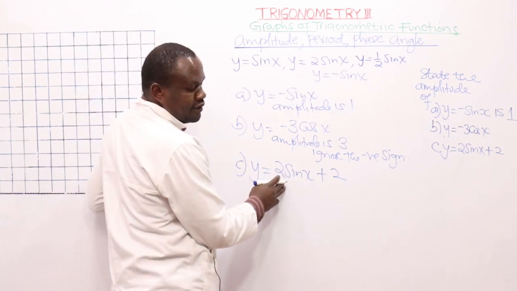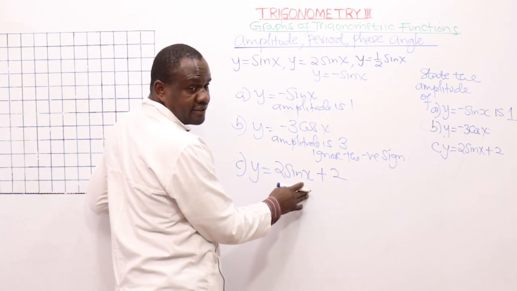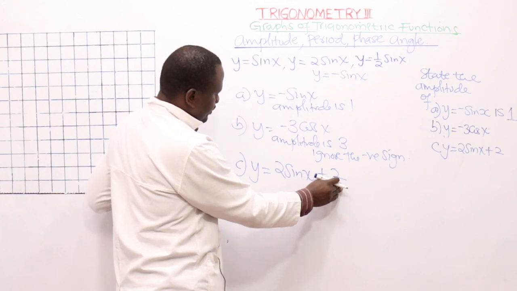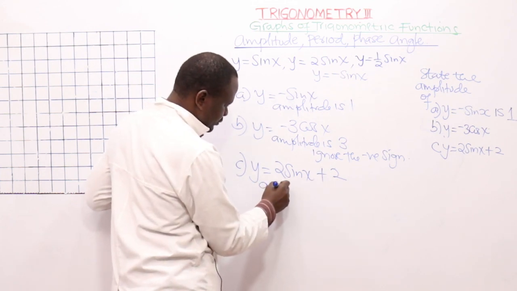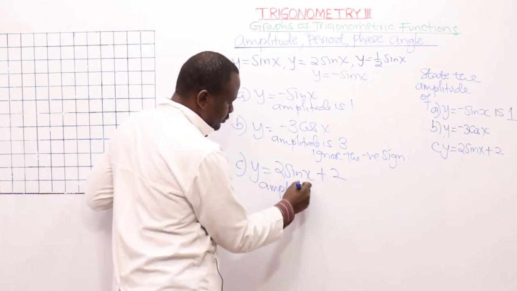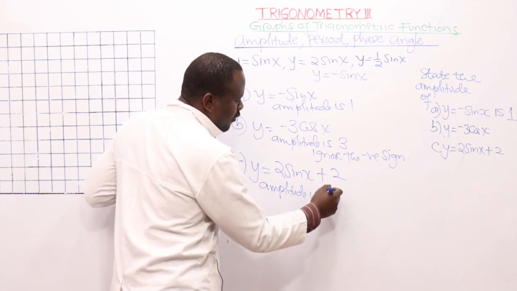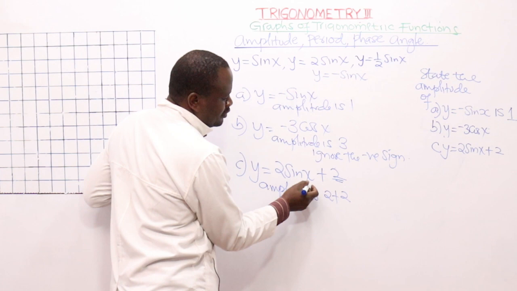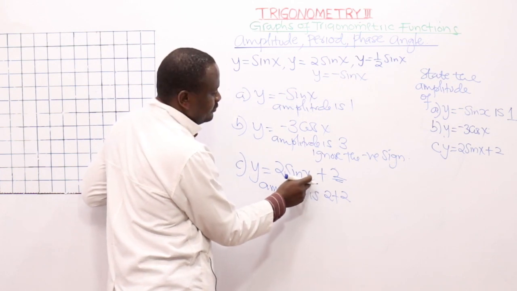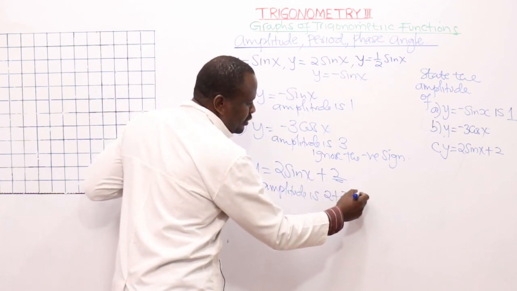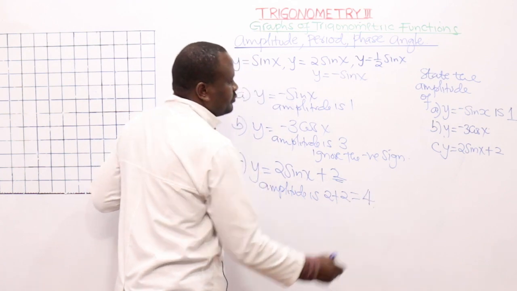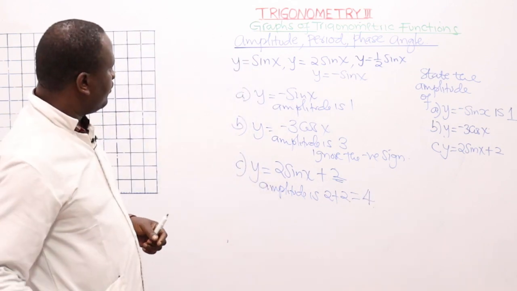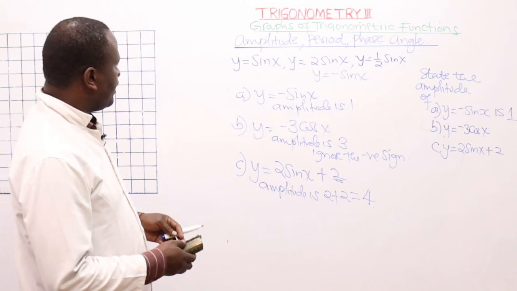But after getting the value of 2 sine x, we add 2. So the amplitude here is 4. Because this 2 is independent, it's not part of x, the amplitude is 4.